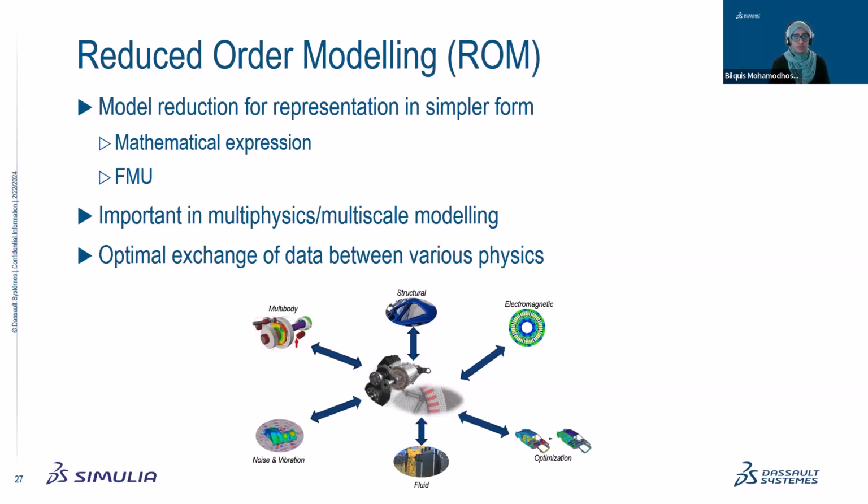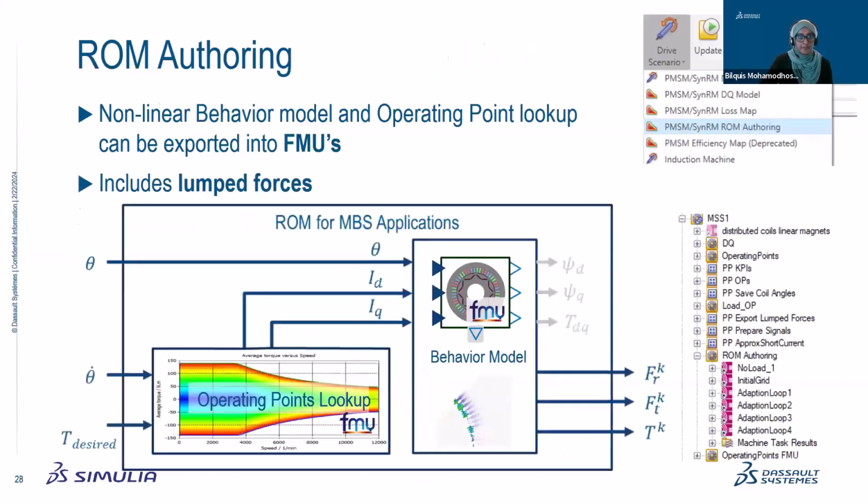Reduced order modeling is really a simpler or reduced representation of a model by using a mathematical expression, but you can also use functional mockup units or FMUs that are available in CST, and also in iSight, the optimization that we've seen just before. So we can make good use of that in a multi-physics setting, and also for optimal exchange of data between the various physics.